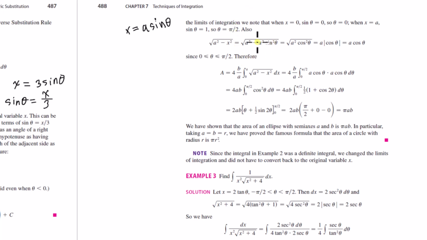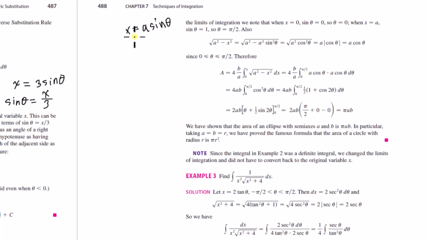Okay, and then they simplify this to a cosine theta. But you have to be careful, because if you solved for theta for one of these limits of integration, and it went outside the minus pi over 2 to pi over 2 range, then you can't.